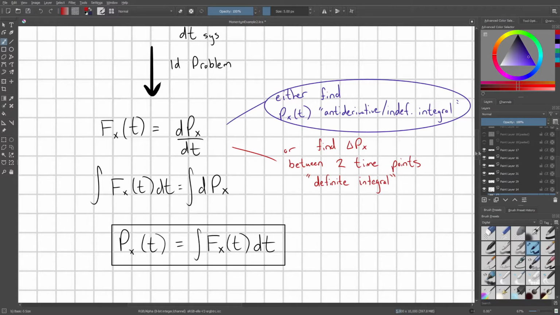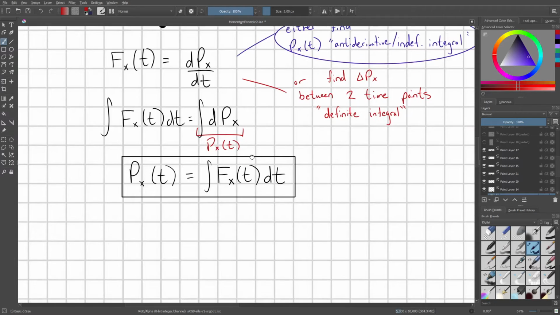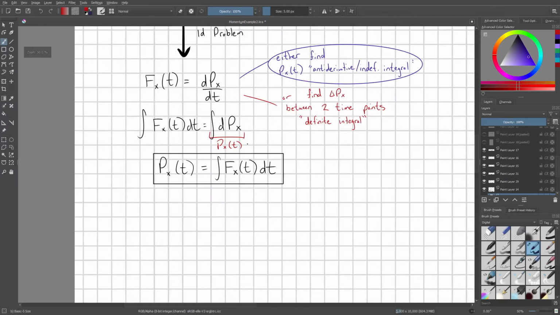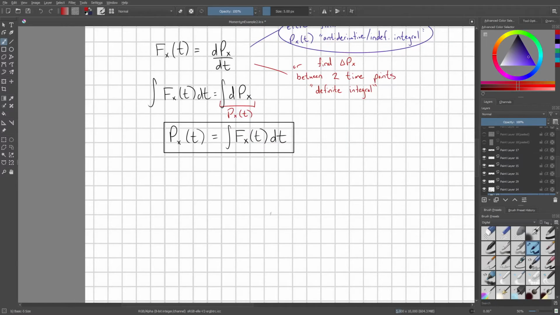And so we would get that this guy here, this is just px as a function of time. And we get that my momentum as a function of time is just the indefinite integral of my force with respect to time. This is a very simple manipulation of a differential equation.